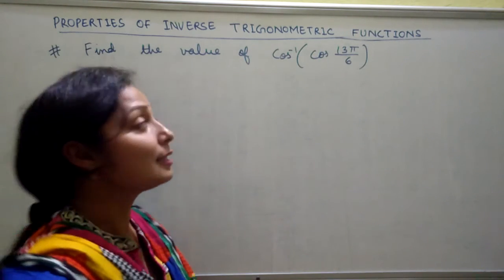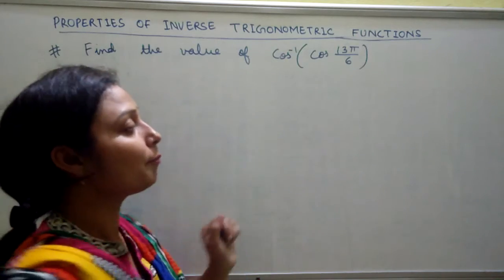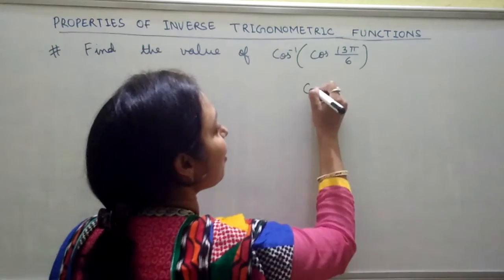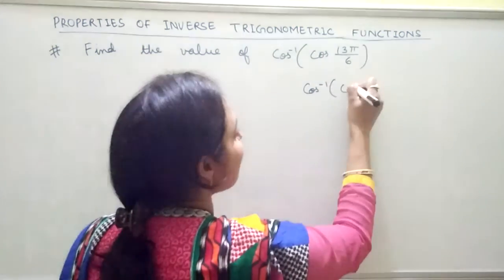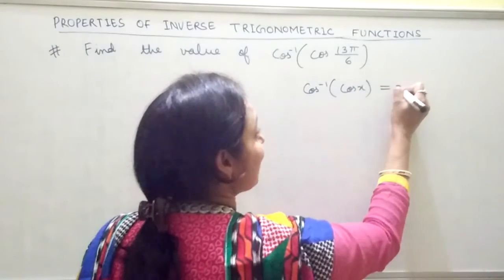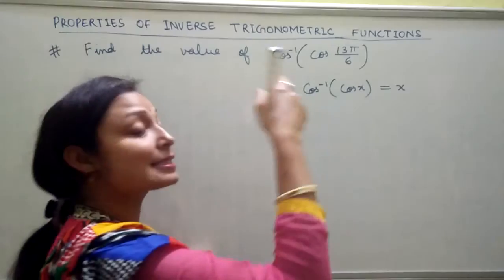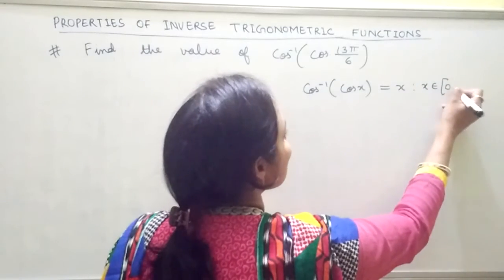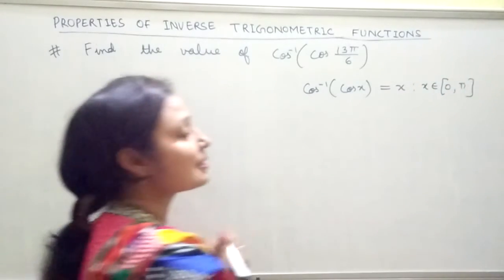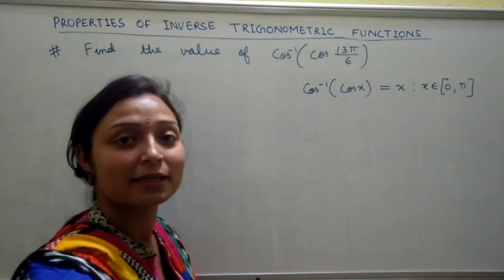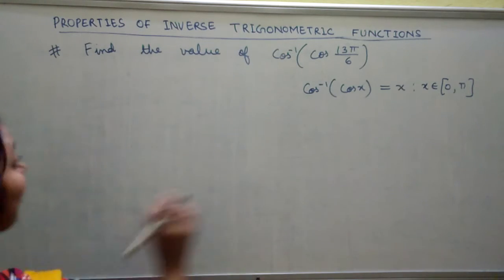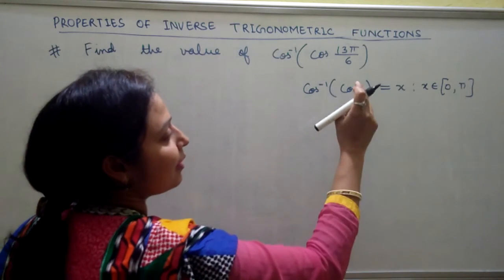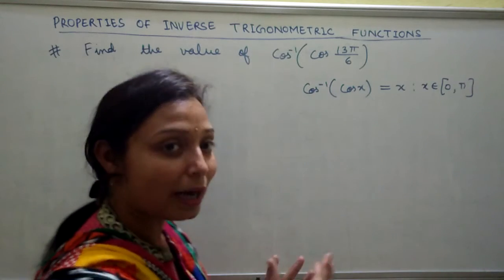You have to find the property, you have to apply the property. The property says that cos inverse cos x will equal x, but the condition on x is that x lies between 0 to pi. Is it right? 0 to pi. Okay, so you have to reduce this to between 0 to pi.